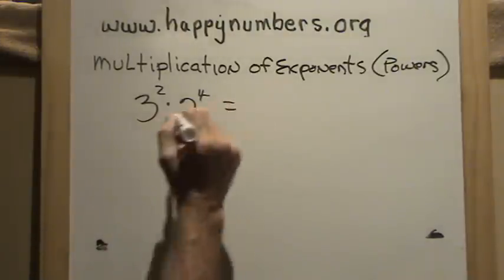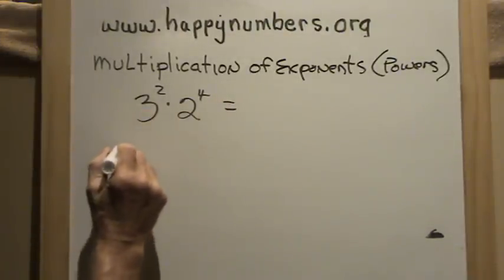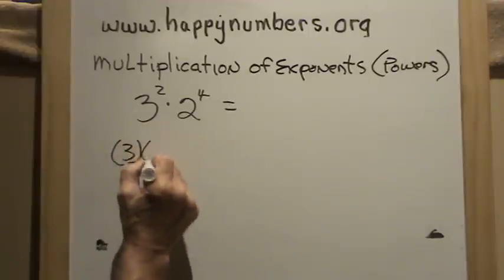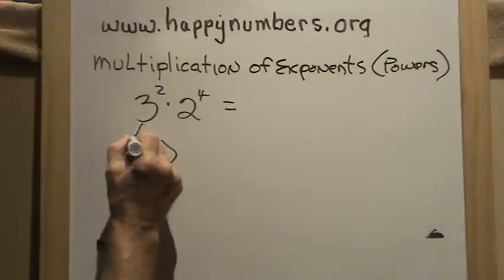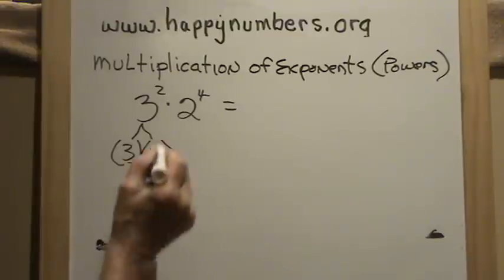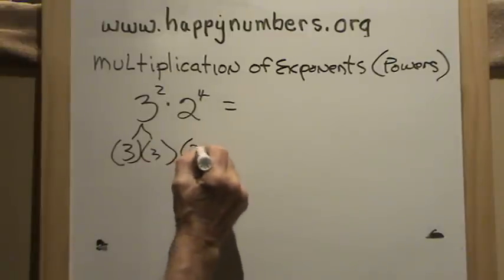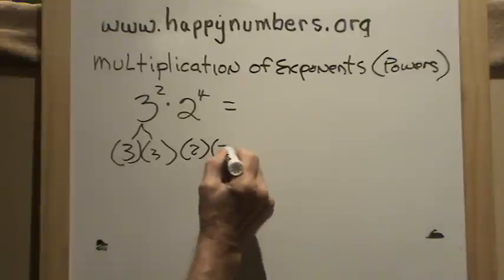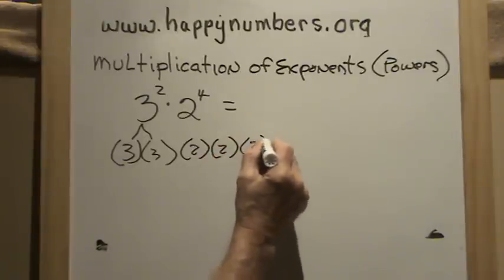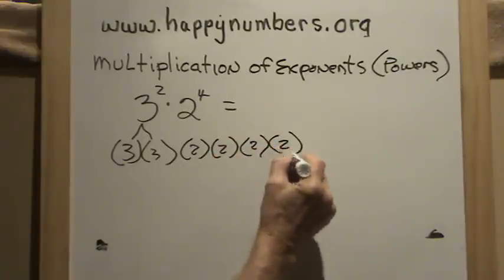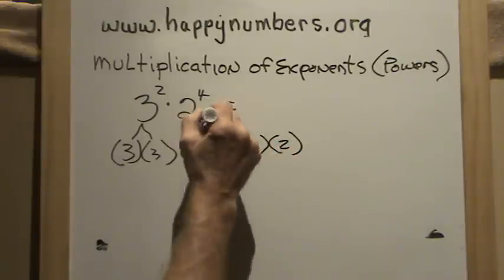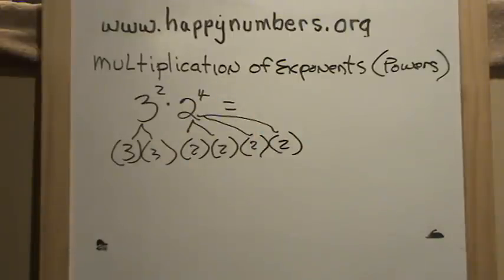So the problem would be worked like this. 3 to the second power is 3 times 3. And 2 to the fourth power is 2 times 2 times 2 times 2.